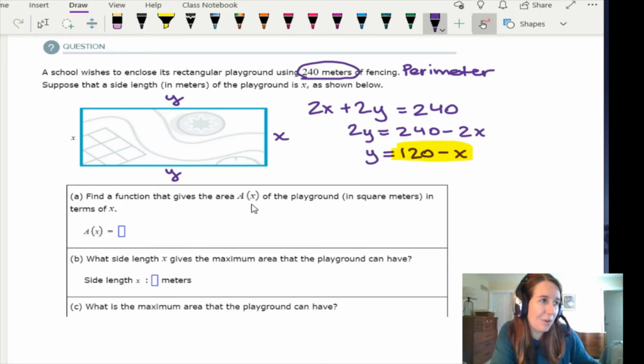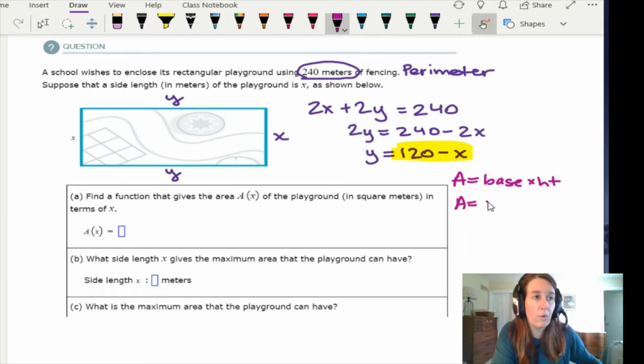All right, so the area of this playground, right? Let's switch colors here. Area is equal to base times height. And so in this case, the area is y times x, or x times y. But we don't want to have the y in there. So this is the part that we're going to substitute for, the 120 minus x.